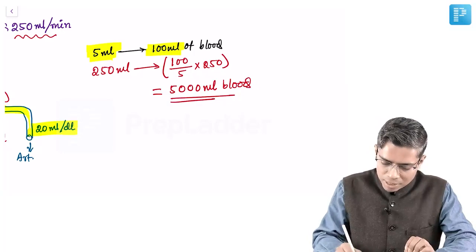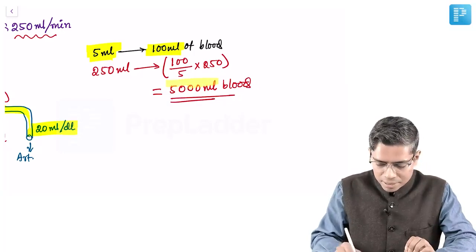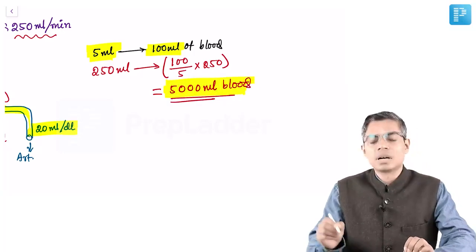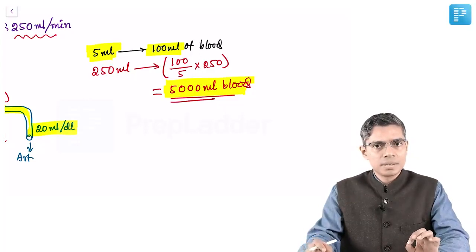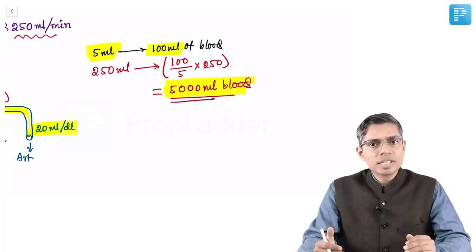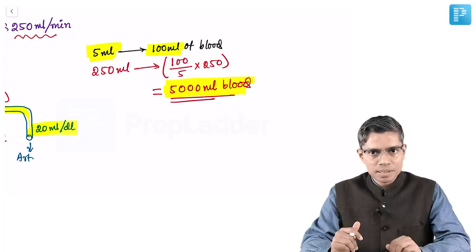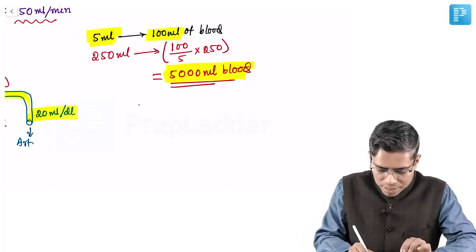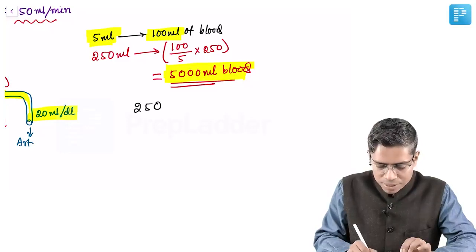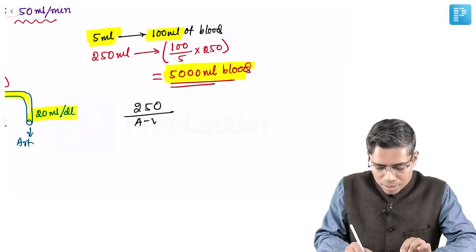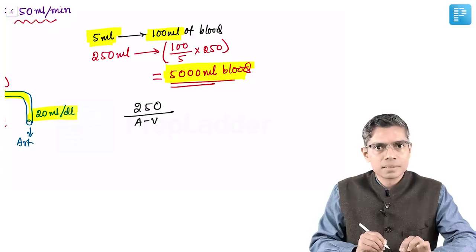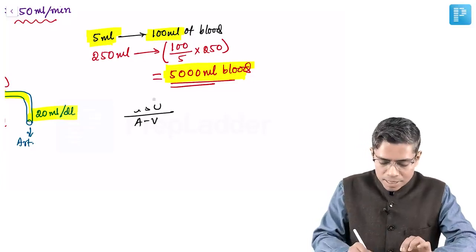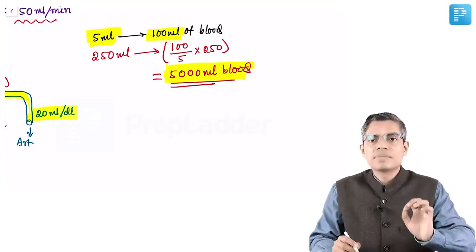This volume of blood which you have just calculated is nothing but your cardiac output, right? So how are you measuring cardiac output by Fick's principle? You are dividing oxygen consumption, that is 250, by your arteriovenous oxygen difference, right? So this way you are measuring the cardiac output by Fick's principle.